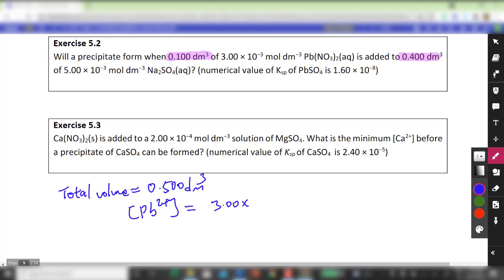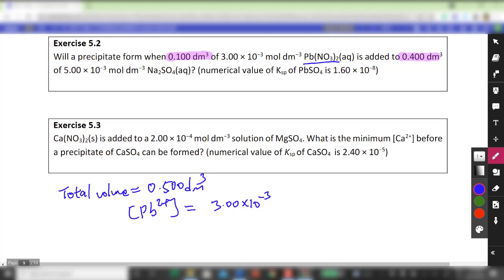Take note that this is a 1:2 ratio, but we don't care about nitrates because nitrate is not involved in the precipitation. The concentration of lead 2+ for the solution is 3.00 times 10 to the power minus 3.